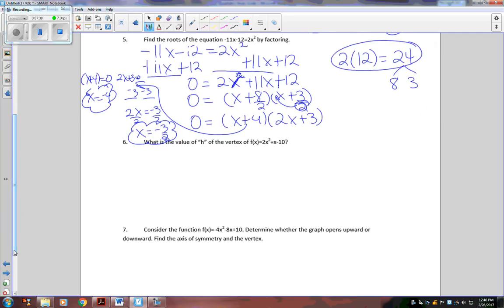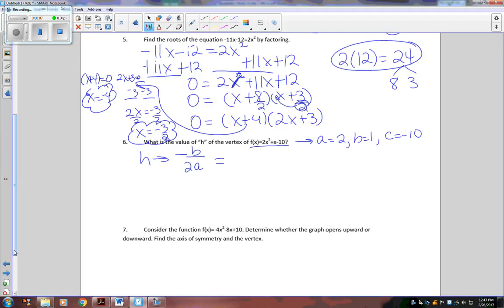Number 6 asks you for the h value of the vertex. So that's your h, k, and we need h. This is standard form. When it's in standard form, to find the x value, or the h, I'm going to use negative b over 2a, and that'll find me the h value. This is in standard form, so a is 2, b is 1, and c is negative 10.